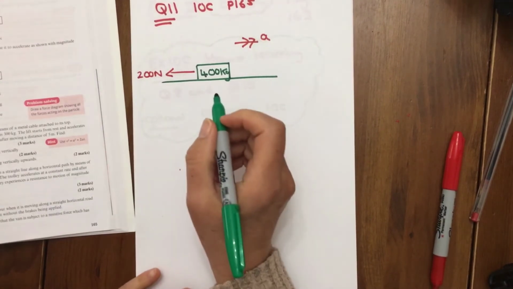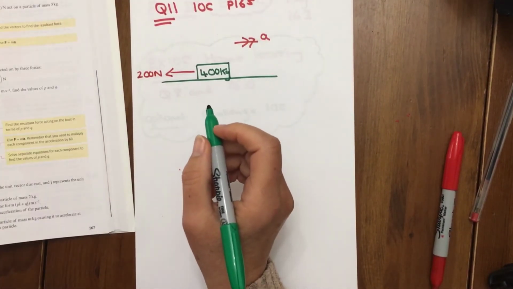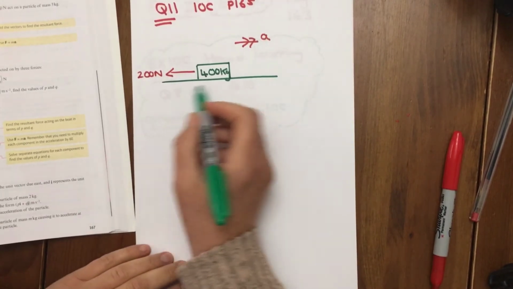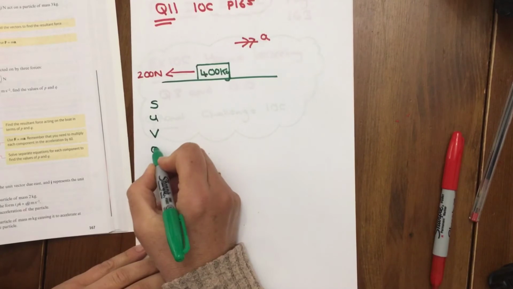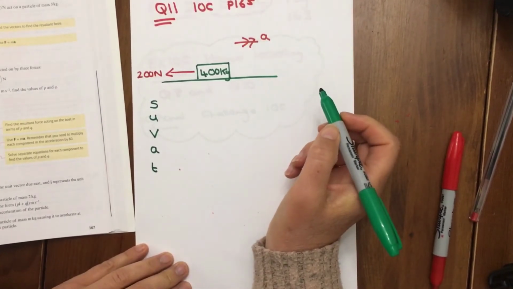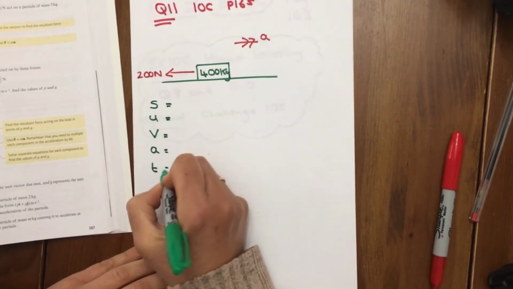So, first of all, part A says find out how long it takes the van to stop. Well, before we can do that, again it's constant acceleration, we need to find A. So this is the suvat that I'm going to use once I've got A.